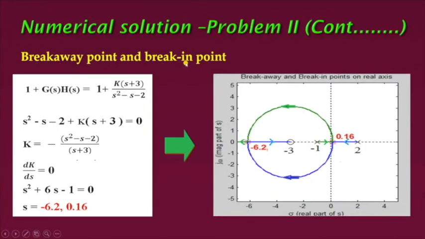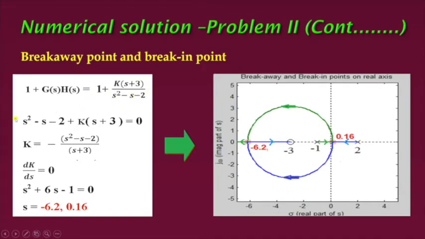Next, the breakaway point and break-in point. Taking the characteristic equation 1 + G(s)H(s) = 0, so 1 + K(s+3)/(s² - s - 2) = 0.